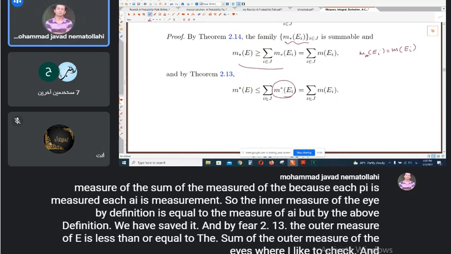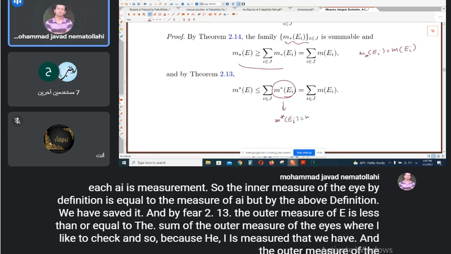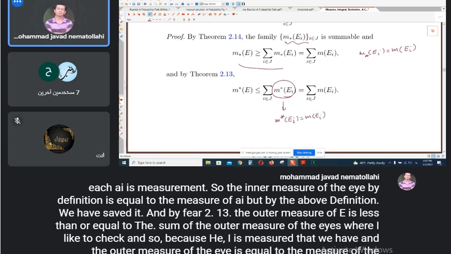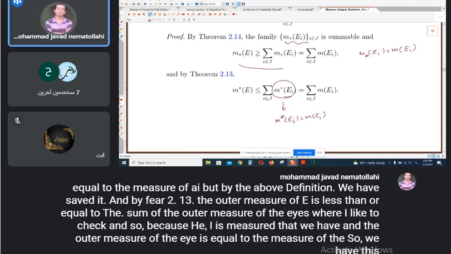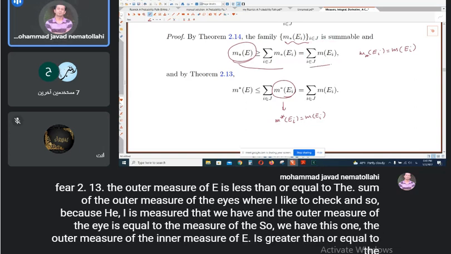And so, because E_i is measurable, the outer measure of E_i is equal to the measure of E_i. So we have this one. The outer measure of E is greater than or equal to the sum of the measures of E_i, and the outer measure of E is less than this one.